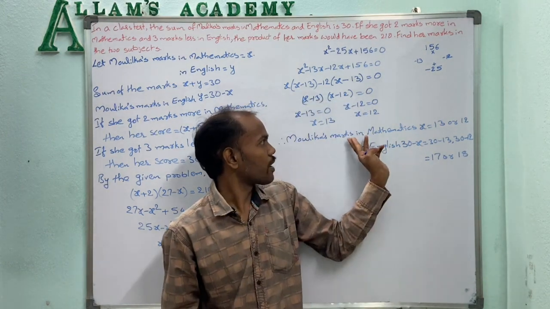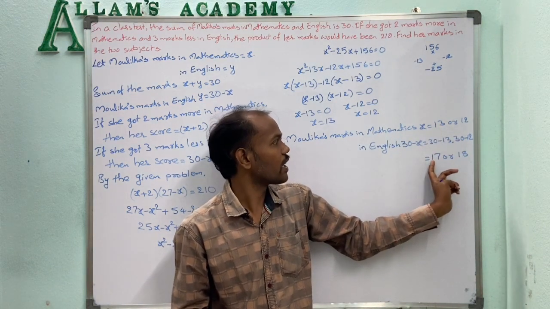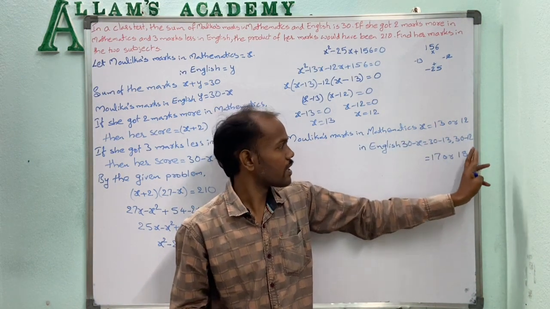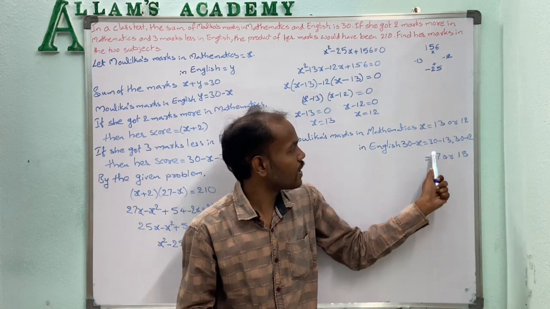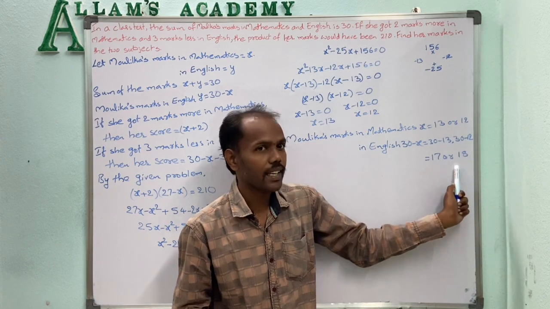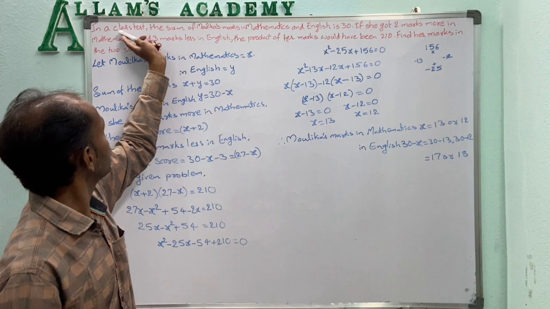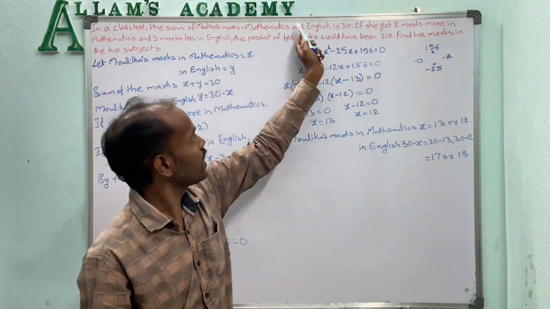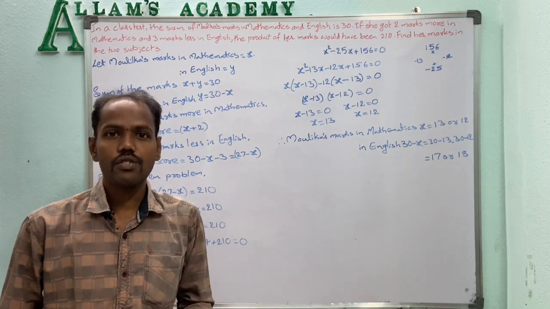So her score in maths is 13, then English 17. In maths 12, then her score in English is 18. So the sum of 13 and 17 is 30, and 12 and 18 is also 30. That is our given first condition: the sum of the scores of maths and English is 30. So we get the correct solution.